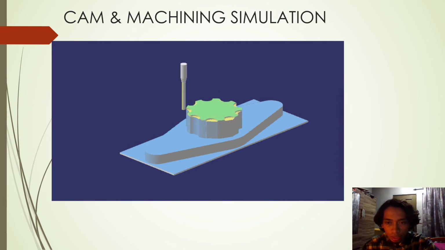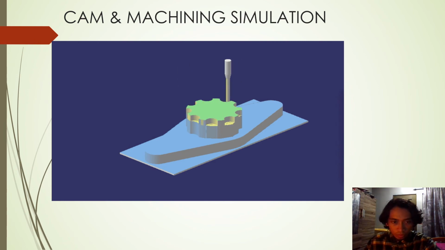It also takes a long time because the maximum depth of cut we also select is 0.5 mm. So why did we choose this diameter? Because we want a good finish.